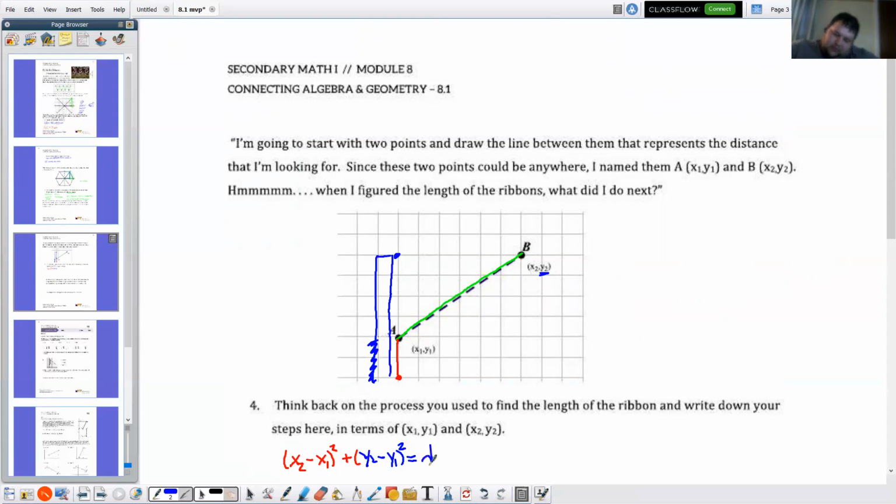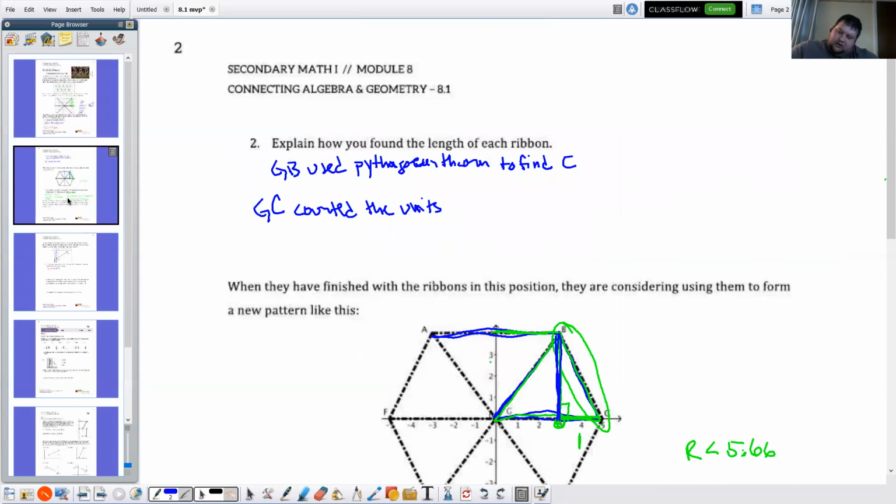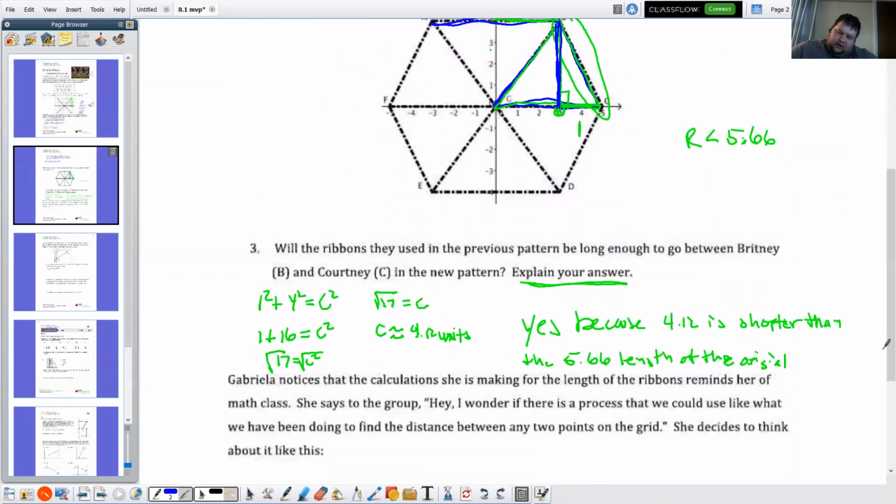Okay, so this is going to equal distance now. But do we have just distance here? When we figured out the calculation, we didn't have just distance here. We had distance squared. Okay, so when I got down and I figured it out, I had to square root distance and square root the rest of it.